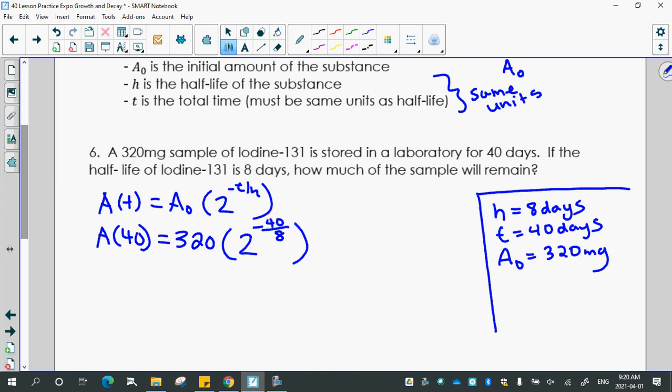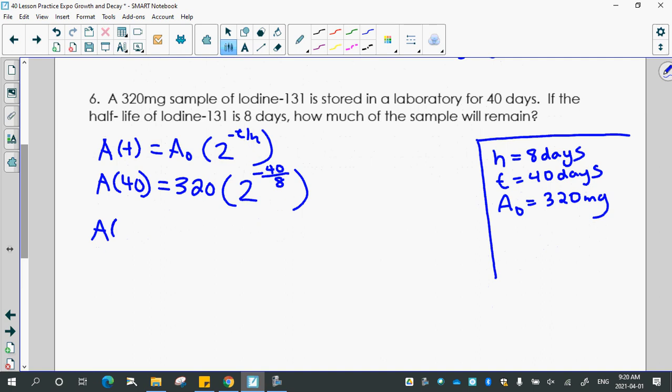And you could go right to your calculator at that time, depending on how comfortable you are, or you can find that negative 40 over 8 to be negative 5 if you want as well. But as long as you use your calculator correctly, it doesn't matter. So when you type it in, you should get 10, exactly.